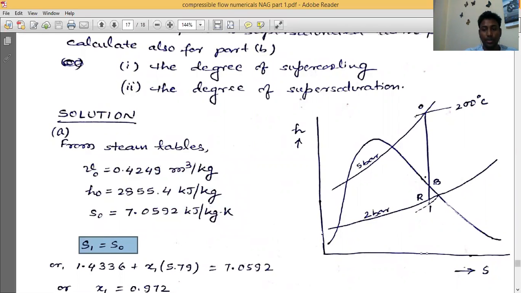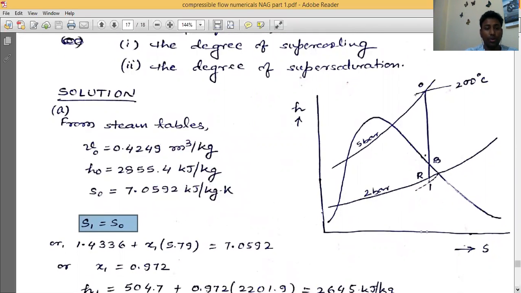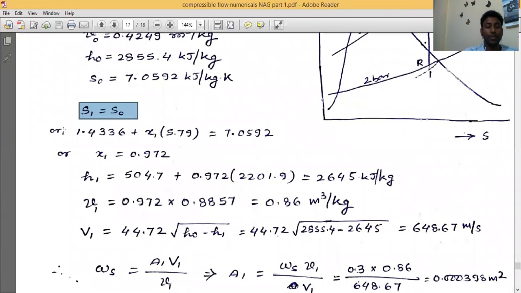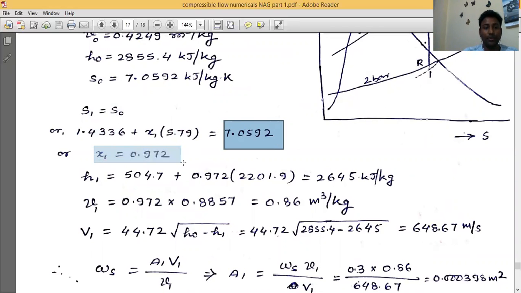Since the process 0 to 1 is isentropic, because every intermediate state is in equilibrium, S1 is equal to S0, and S1 can be written as S1f plus x S fg. From the steam table we can read out the data for Sf and Sfg, and S1 can be equated as 7.059. Then we get a value of x1 as 0.972.